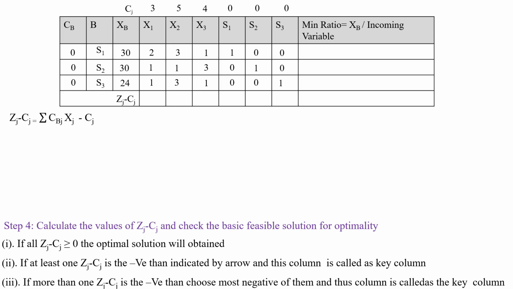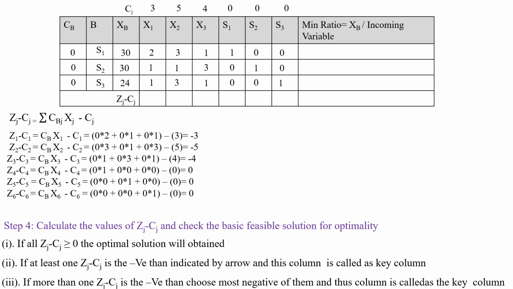First I have to calculate Zj minus Cj for the first variable, that is x1. Then Z1 minus C1 equals Cb x1 minus C1, and Cb into x1 becomes 0 into 2 plus 0 into 1 plus 0 into 1 minus C1, which is 3, and this becomes minus 3.